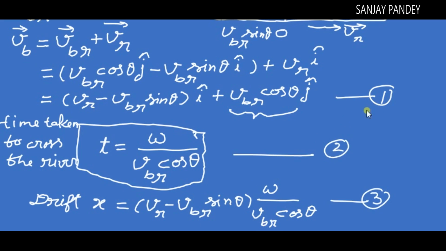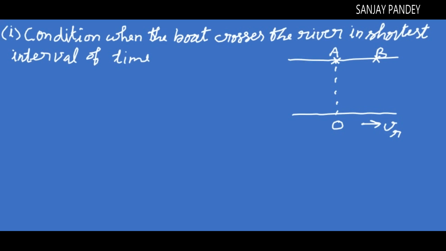Let it be equation 1, this is equation 2, and drift x is equation 3. Now three special cases are possible. The first is the condition when the boat crosses the river in the shortest interval of time. Now T is given by T equal to W upon Vbr cos theta, where W is the width of the river.